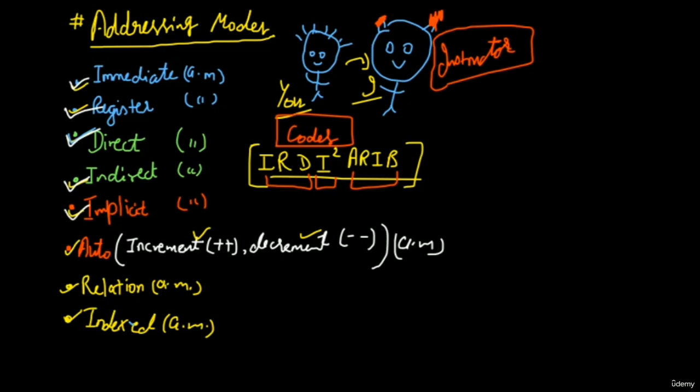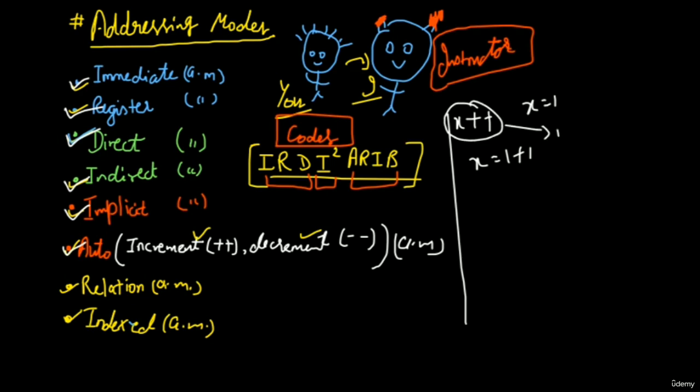Now it's time for the increment and decrement that I can explain right here. We do not require something new. Increment means incrementing the value. Like if I write plus plus on something, x plus plus, it means if x is initially 1, now it is going to be 1 plus 1. Actually, this means add 1.